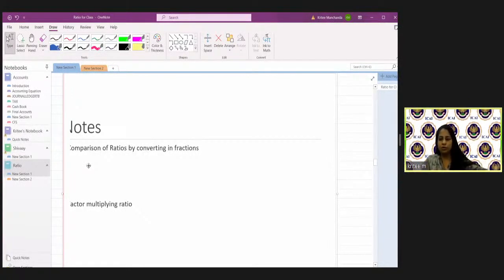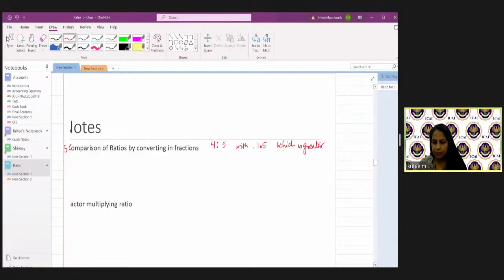Now, another two very important properties that we need to know. It says comparison of ratios can be done by converting them into fractions. What is it? I say compare 4:5 with 1.5. 4:5 to be compared with 1.5, and tell me which is greater.